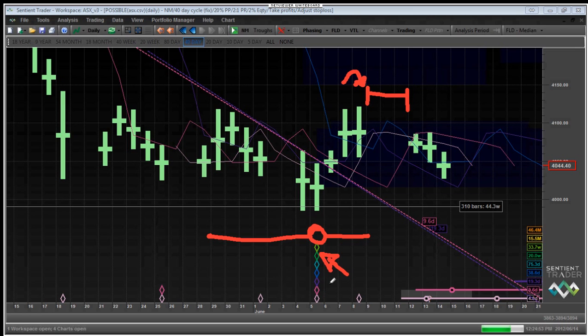So am I confident enough in this analysis that the 40-week cycle has definitely formed as well? Personally, I think the answer to that is no. But if you were only looking at this chart, then you might have said, yes, because I'm expecting that 40-week cycle. So let's assume you were saying, yes, if price crosses the 40-day FLD, that gives me confirmation. I am confident that the 40-week cycle has formed. So therefore, I will take a delayed trading entry.